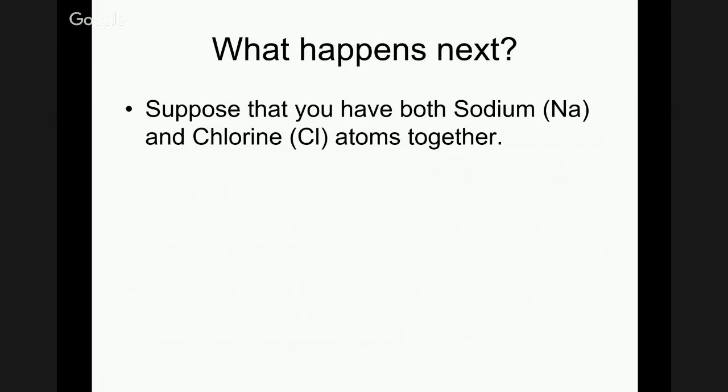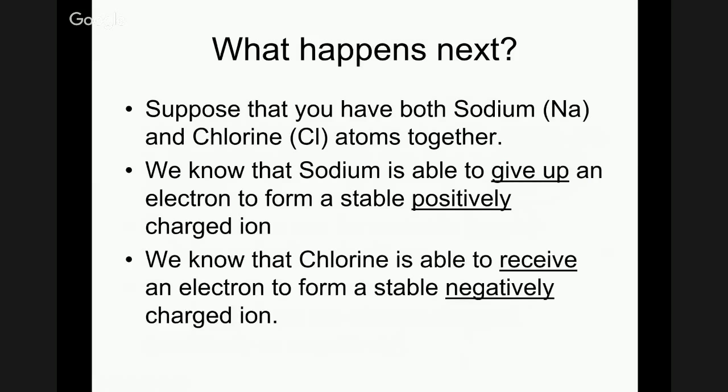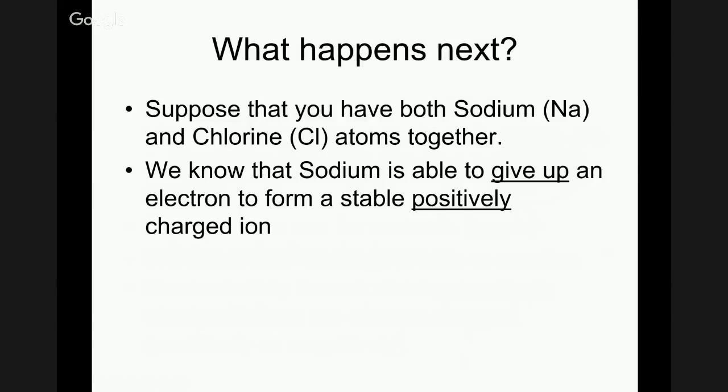So suppose that you have both sodium and chlorine atoms together. Well, we know that sodium is able to give away an electron to form a stable positively charged ion. Don't forget, yesterday we talked about electronegativity. So sodium has a low electronegativity.